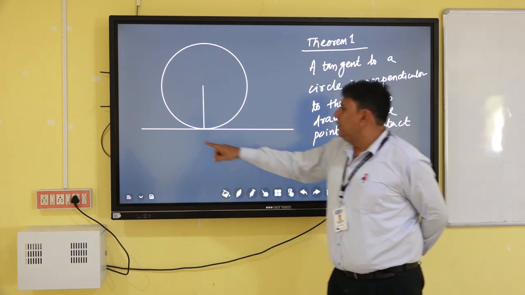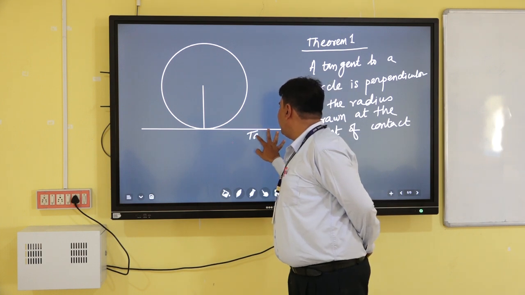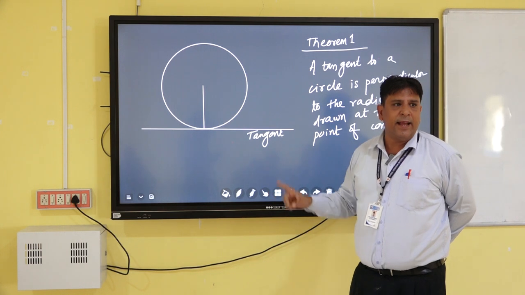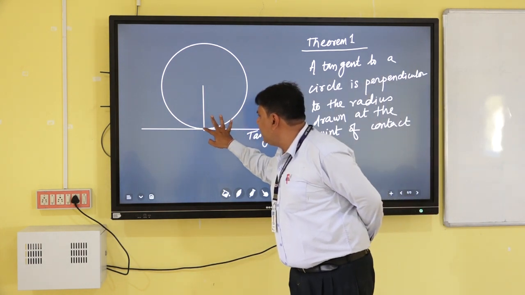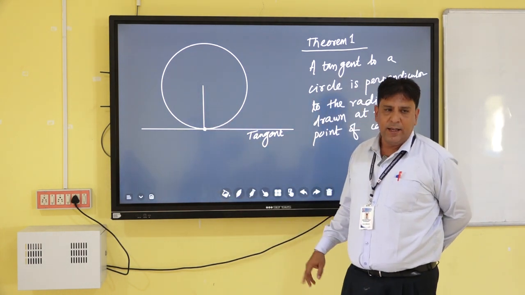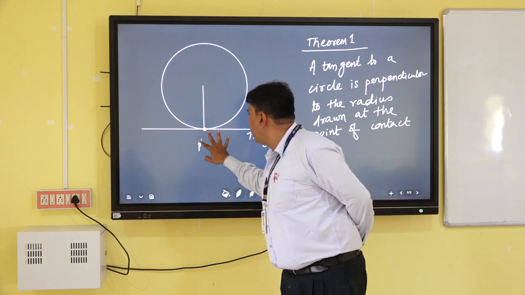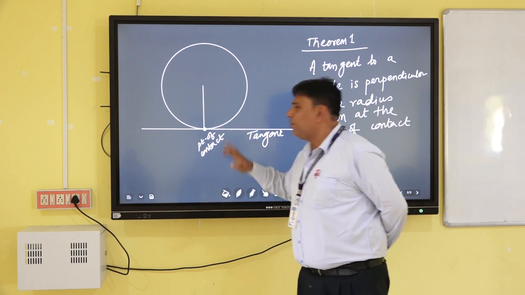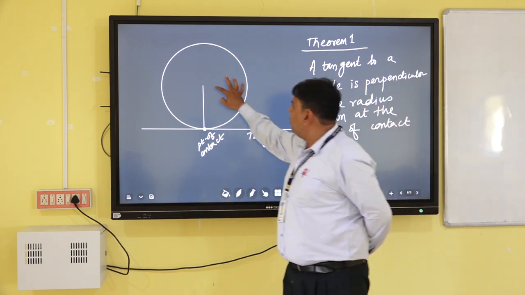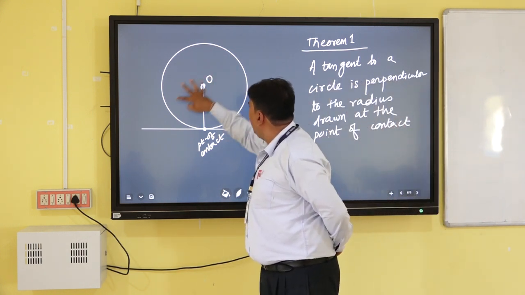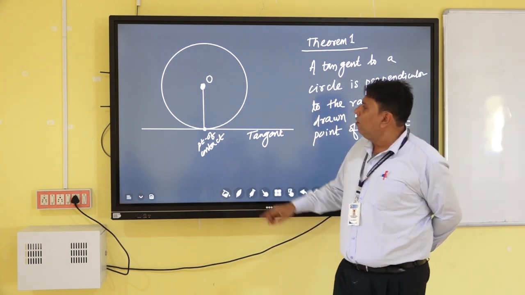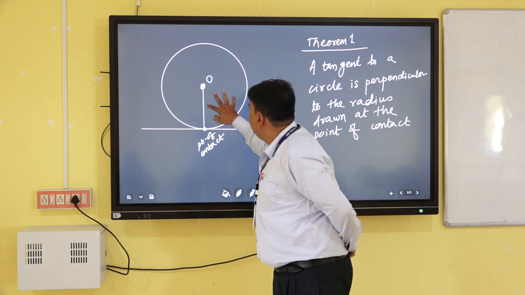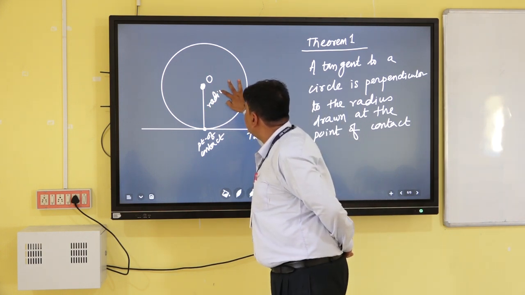All of you see, this line will be called the tangent. Why? Because it is intersecting the circle at only 1 point, which is the only point of intersection. So this point will be called the point of contact. This point will be called the center, and this line which I have drawn, that distance, will be called the radius.